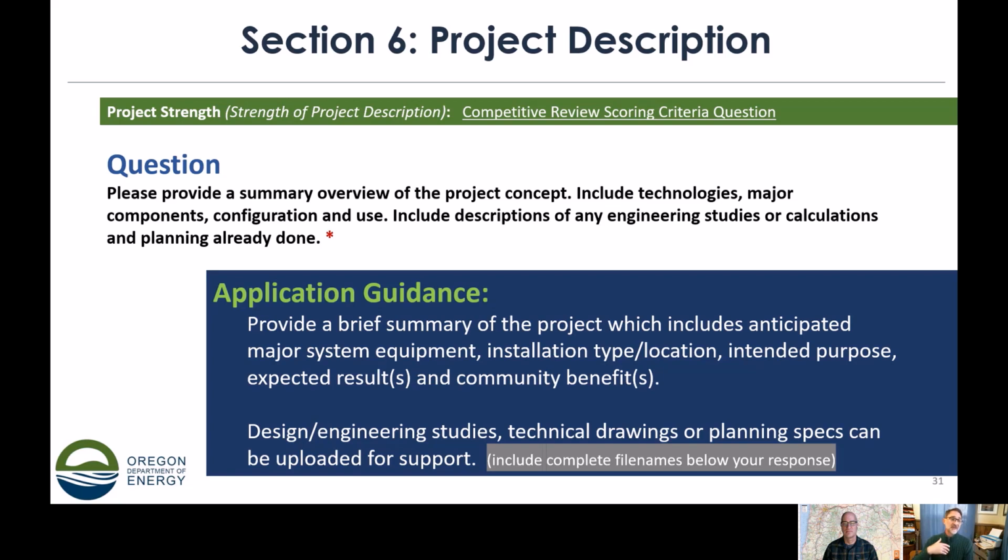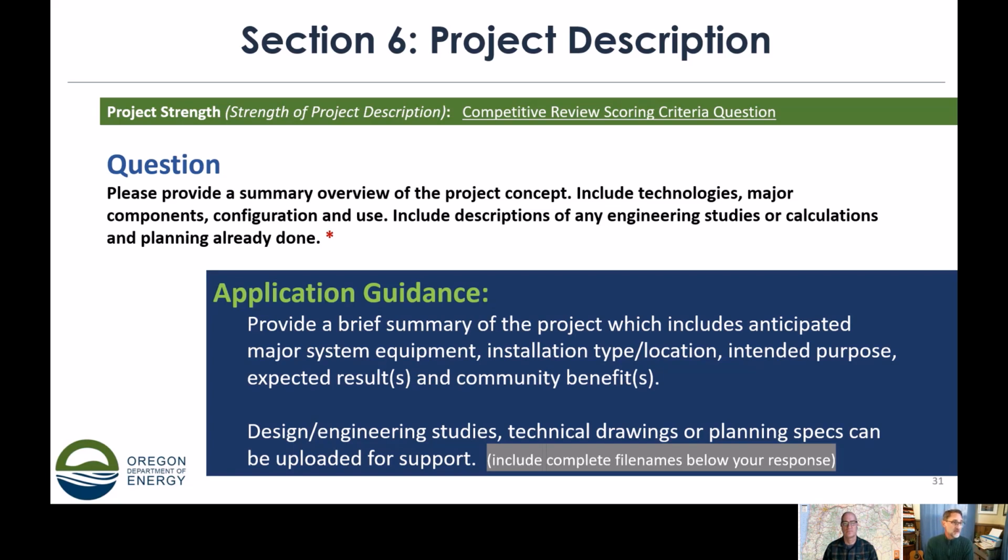And that's kind of including the anticipated major system equipment, the installation type, location, intended purpose. This could even include the expected results and community benefits. And then, of course, if there are any pre-technical details or pre-planning details, this would be a good spot for you to upload that as supporting materials to your response for this particular question.